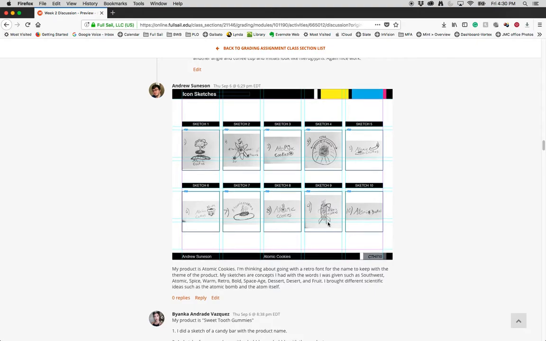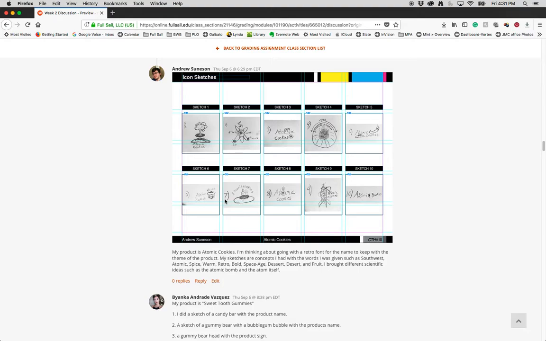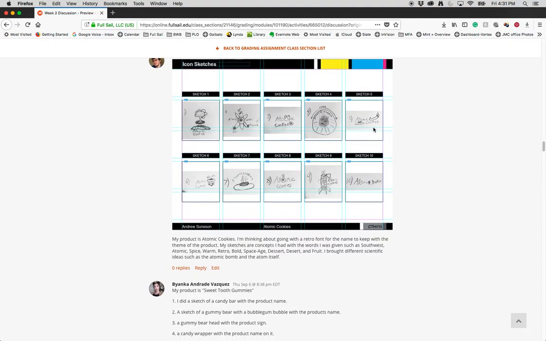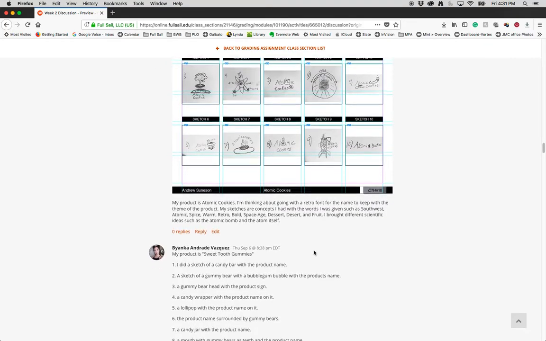The rocket ship is interesting to me, or is it a bomb? Those are the three that kind of jump out. Some of these, I'm not sure how. Just showing the ingredients doesn't really work. But I think you got three potentials there: 1, 2, and 9.